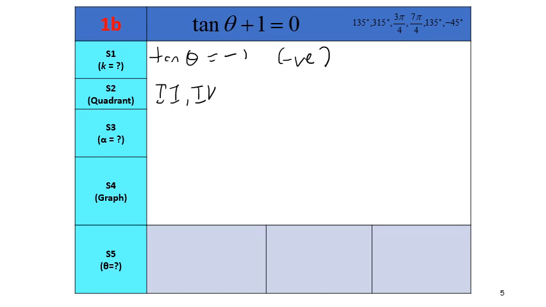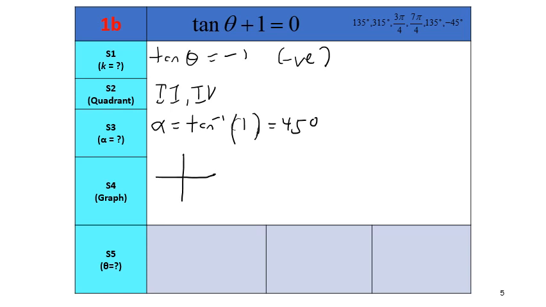So we have to find the basic angle. Remember, you have to eliminate the negative, because we want to find the basic angle, which is less than 90 degrees. So we get the angle is 45.